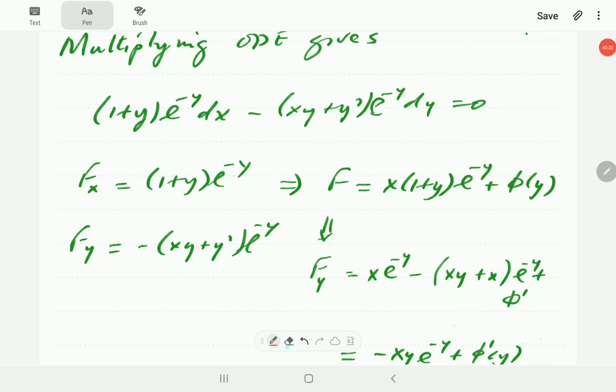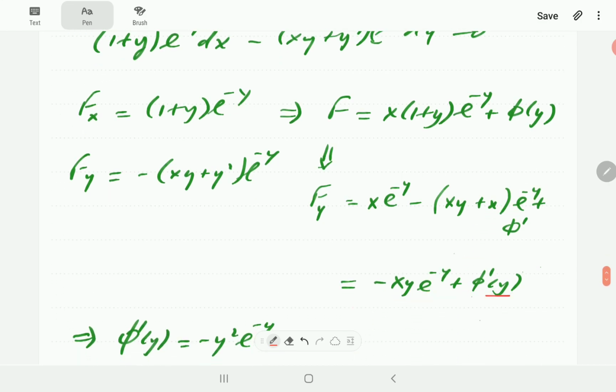All right, and so differentiating this with respect to y gives us this, but if you open brackets here, this term is going to cancel out with that term, so we're just going to have this. If we compare this with f_y, then you can see that this term is the same as this one.